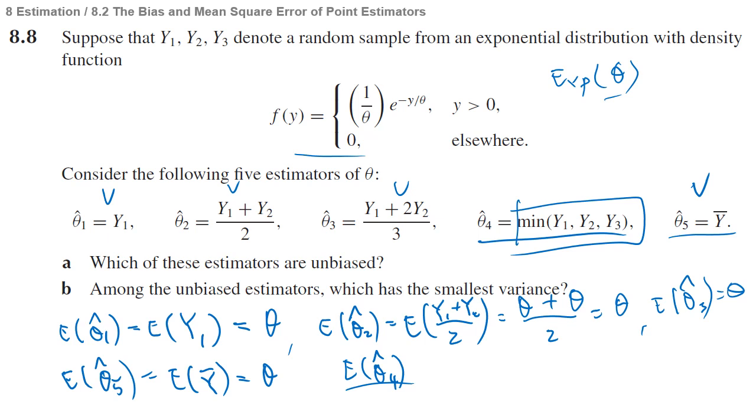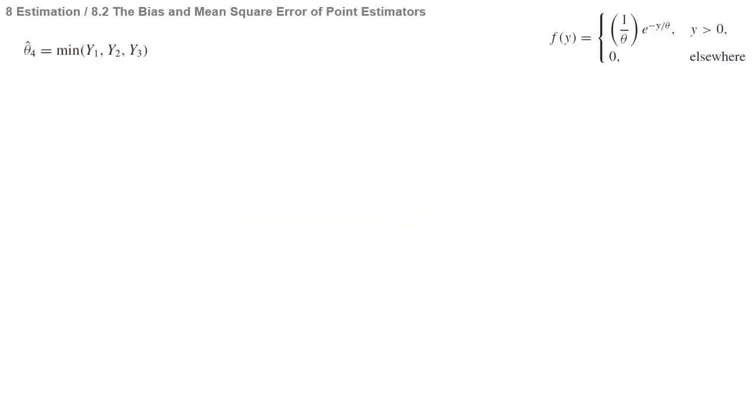So we need to derive the distribution of theta 4 hat. You can use theorem 6.5 that we learned in the order statistics part, but here, as a reminder, I'd like to derive it.